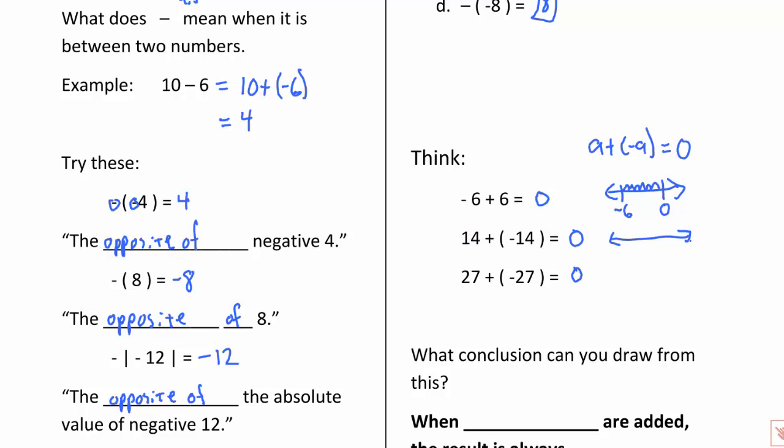Because the 14 is first here, I write the 14 here. And I'm adding on a negative 14, so I'd go to the left 14 units, making that to be 0. Same thing for the 27 plus negative 27. I'd put the 27 here, and then plus negative 27 means I go to the left 27 places, and I'm right back to 0 again.